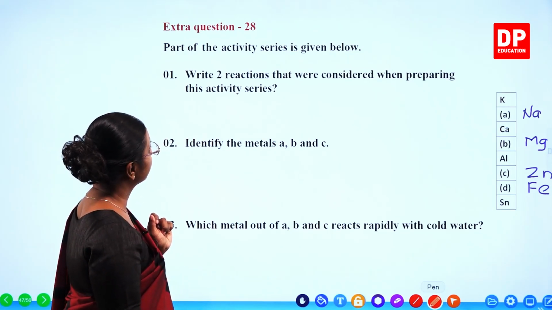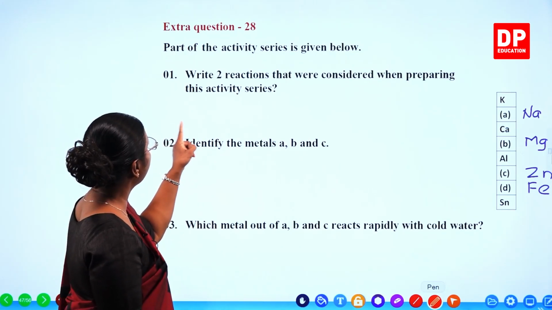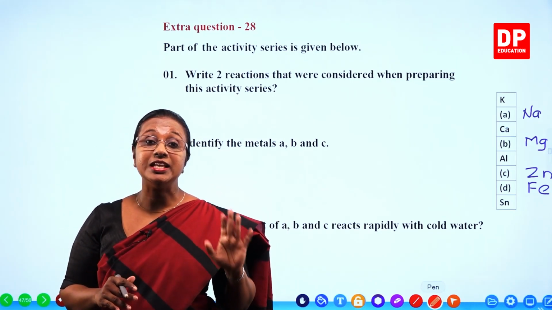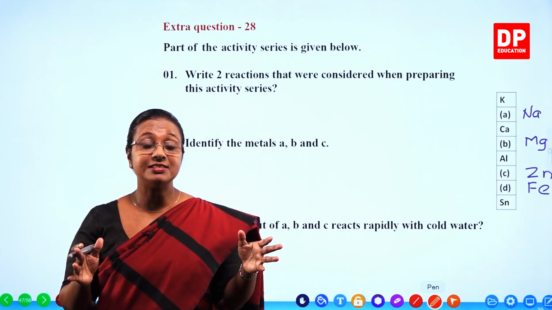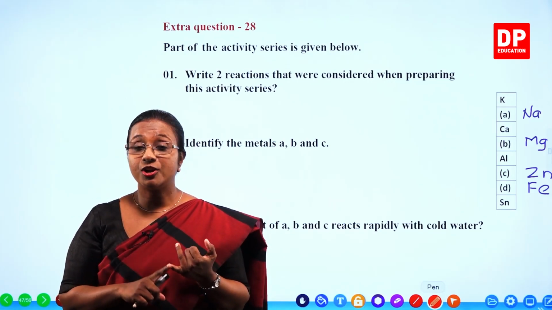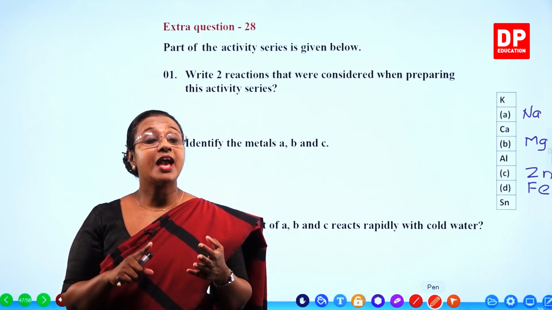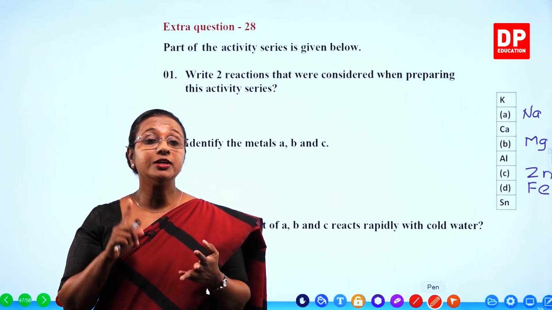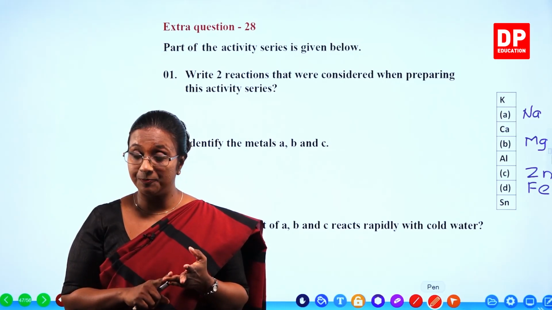Write 2 reactions that were considered when preparing this activity series. That also you all know because we did all those reactions as examples in the laboratory. What are the reactions? Reaction of metals with oxygen, reaction of metals with water. When we say water, cool water, hot water and steam.